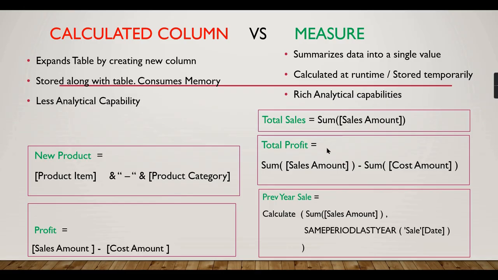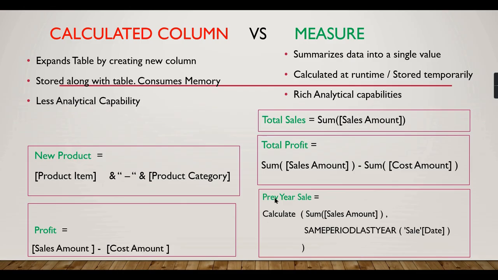Whereas for a measure, those 1,000 rows give one value. For example, 10,000 is your total sales and cost price is something around 3,000. So this will be calculated only once, for one scalar value subtraction, 10,000 minus 3,000. It will sum it up first, and after that it will perform this operation. That is the key difference between a calculated column and a measure.